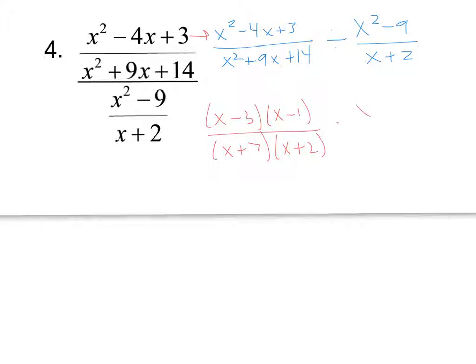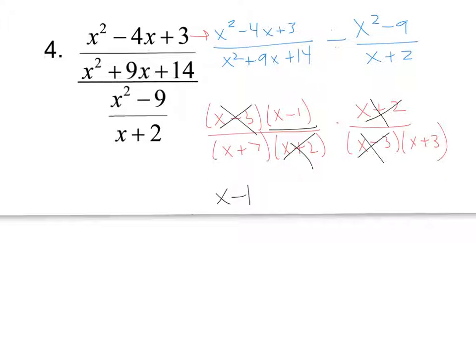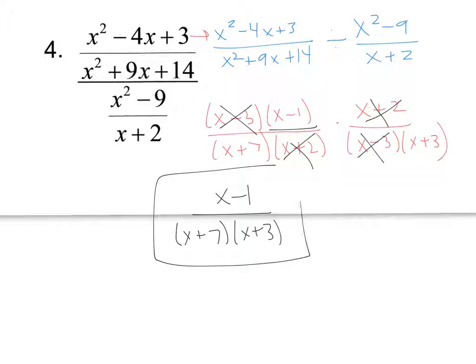Now being multiplied by x plus 2 over x minus 3 times x plus 3, and that's a difference of squares right there. Now let's see if anything can cancel out. This x minus 3 with this x minus 3, x plus 2 with this x plus 2. So what I end up getting, now multiplying straight across, is x minus 1 over x plus 7 times x plus 3. And that would be my final answer.